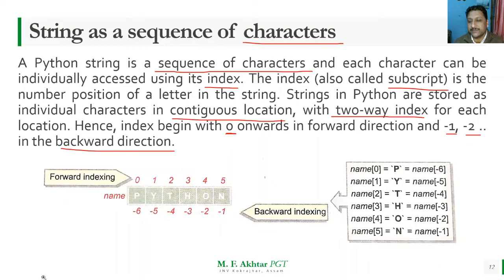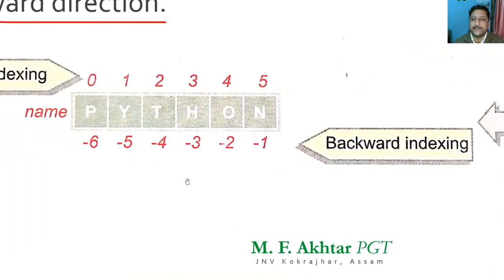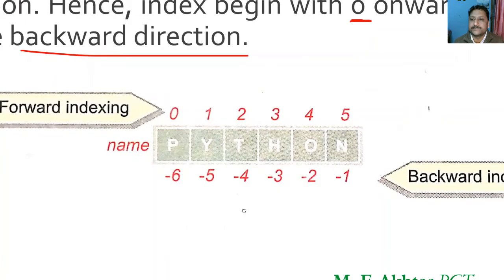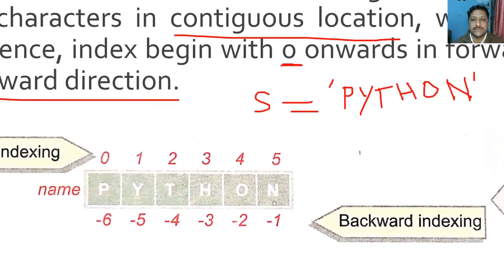See the example here. Suppose we have assigned the value Python as a string. Suppose s equals, within single quotation marks, Python, like this. Then if it is stored in computer memory, how is it stored?